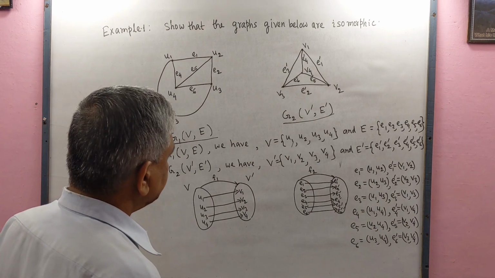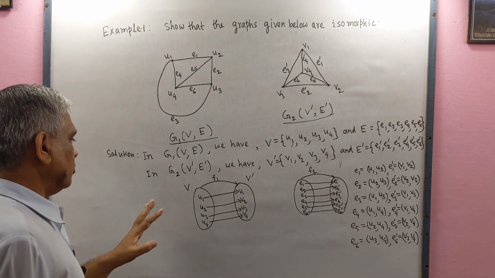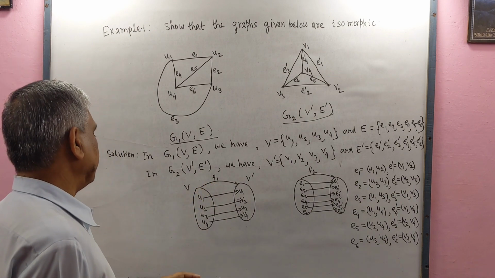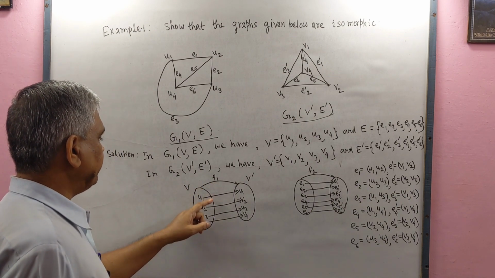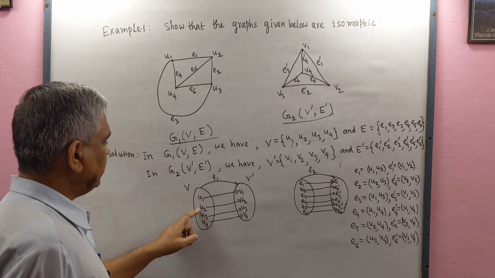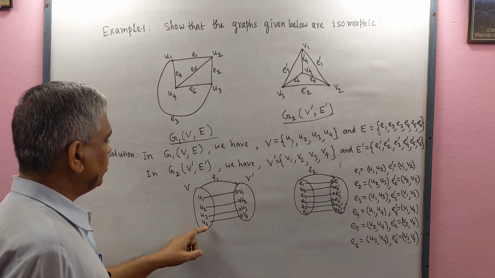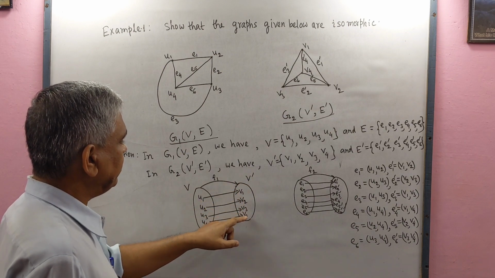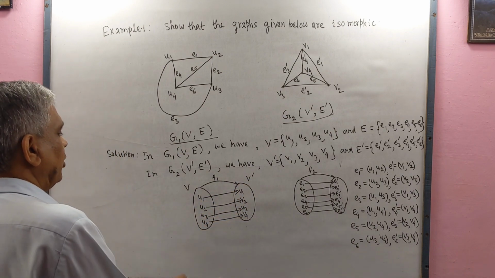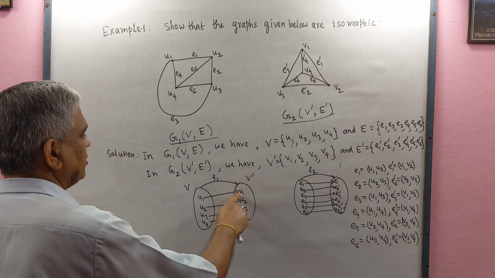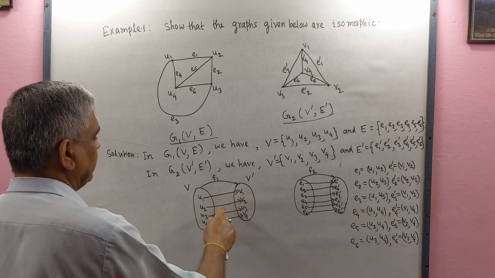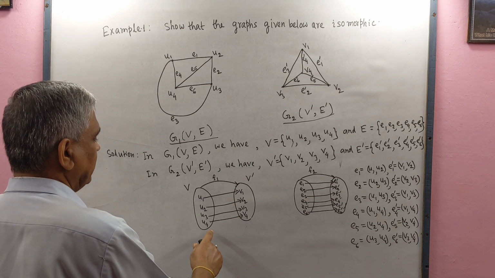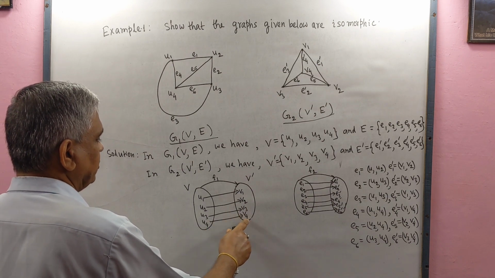So we take a function f1, and here is the vertex set U1, U2, U3, U4, and here we take another vertex set V', V1, V2, V3, V4. Now 1-1 correspondence: U1 corresponds to V1, U2 corresponds to V2, U3 corresponds to V3, and U4 corresponds to V4.